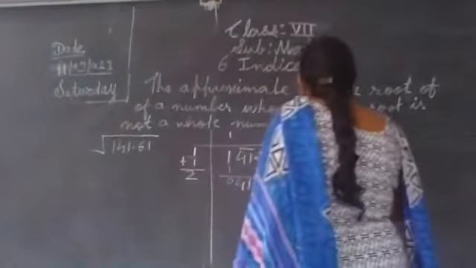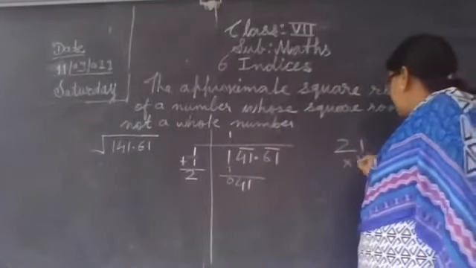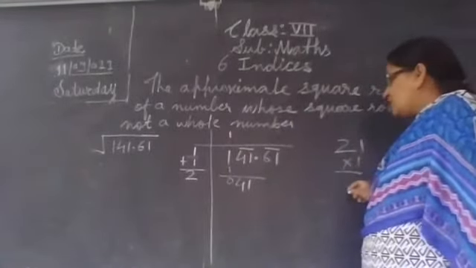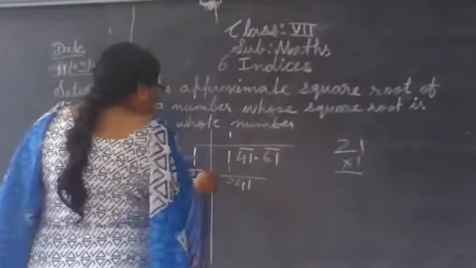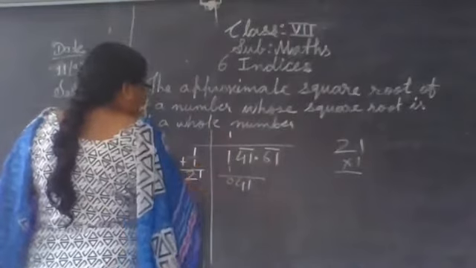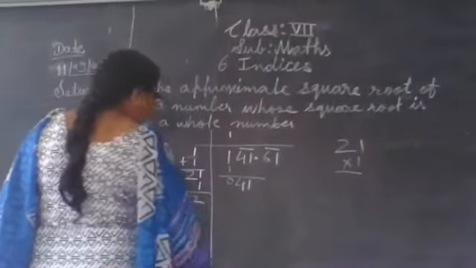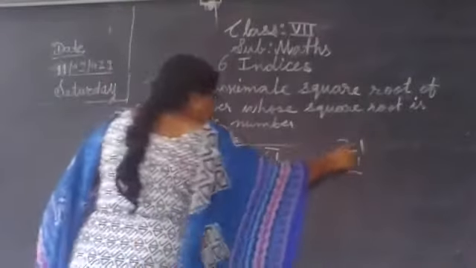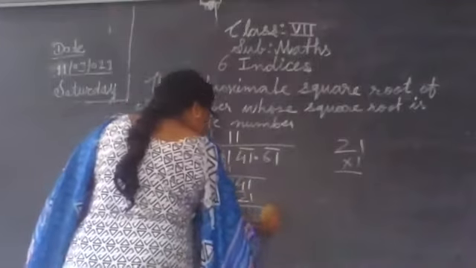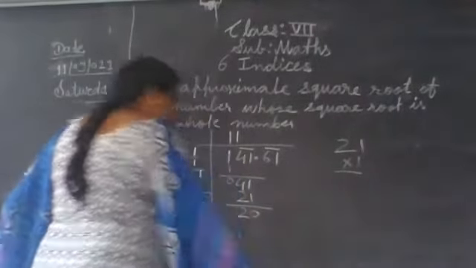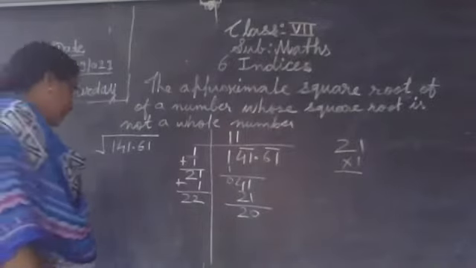So if I write 21 and multiply by 1, what do I get? 21. So here I add 21 and 1, and it is 22. Got it?